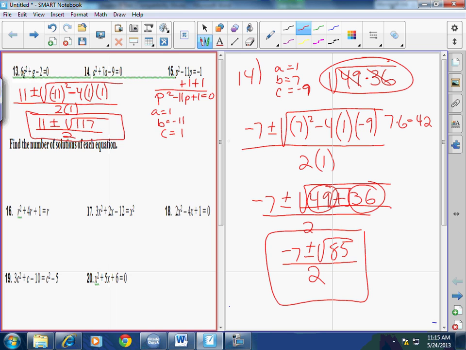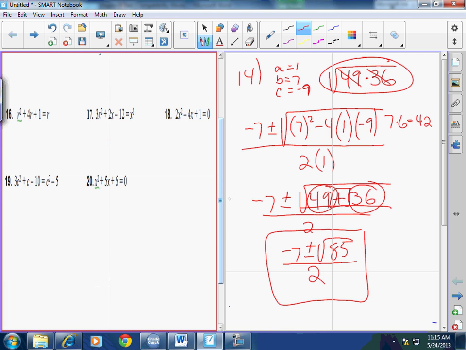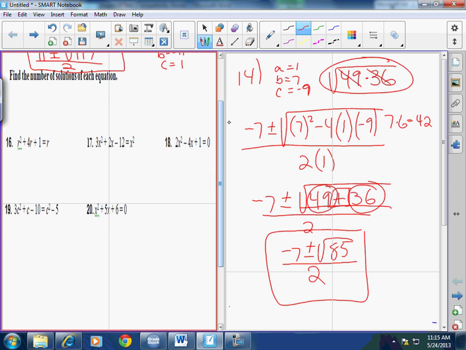And now, this was the part that really made me sad. The question here says clearly, find the number of solutions of each equation. Am I asking you to solve? No! How many solutions can a quadratic equation have? 0 real solutions, 1 real solution, or 2 real solutions.